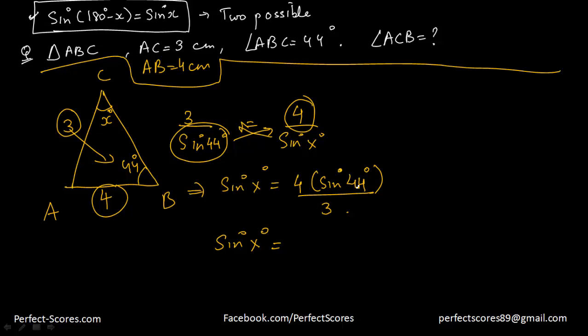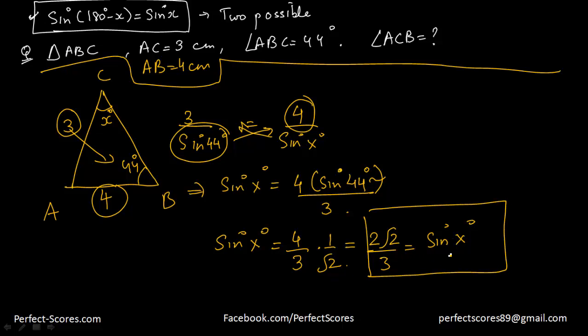If we try to evaluate this expression, I'm going to approximate 44 degrees as 45 degrees. Sine 45 is 1 over root 2, so 4 times 1 over root 2 is 2 root 2, and sine x is equal to 2 root 2 over 3.